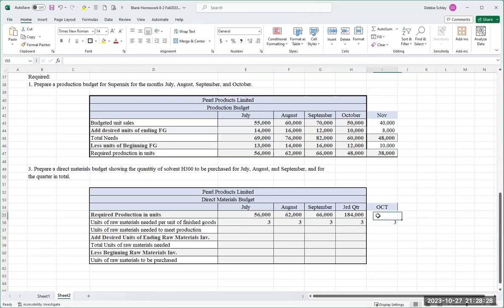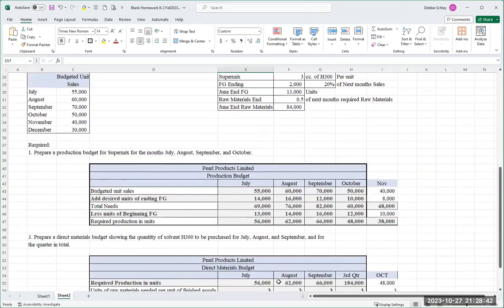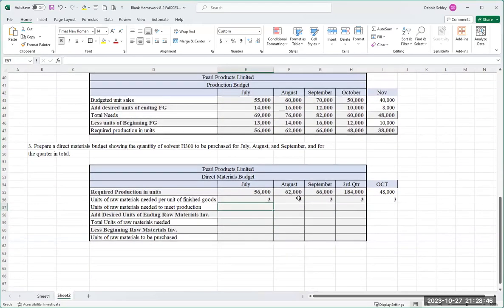Oh, and I do need to bring down October's. Okay. Units of raw materials needed to meet production. That's easy because now we have the units we need to make and the number of cc's of H300 we need per unit.